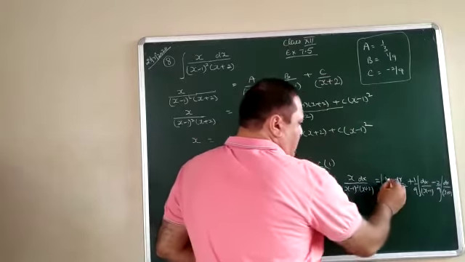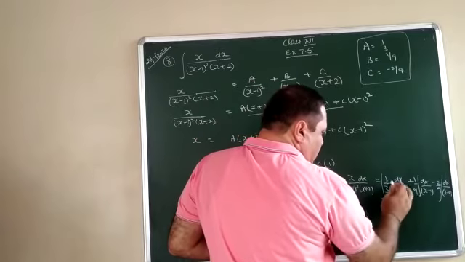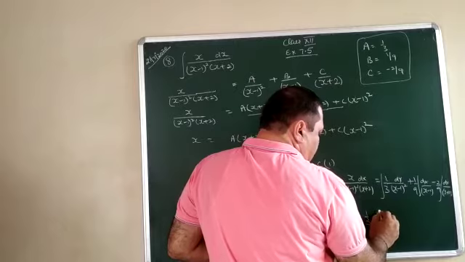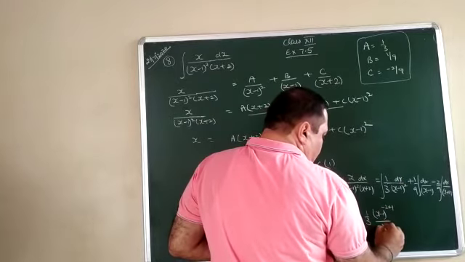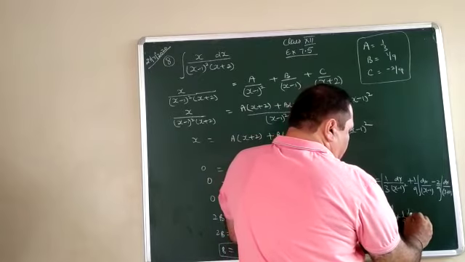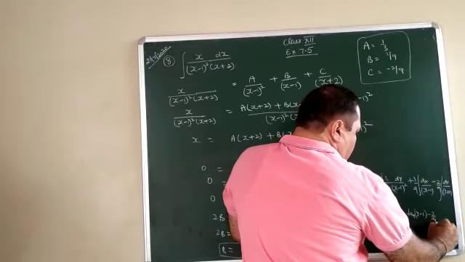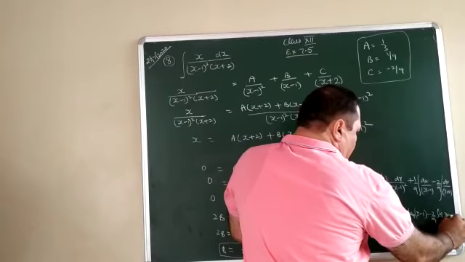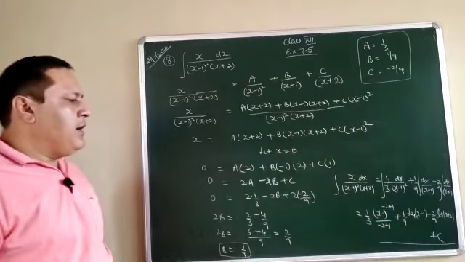Now see, what is the integration? It is 1 by 3 times the integral of (x minus 1) to the power minus 2 plus 1 upon minus 2 plus 1, plus 1 by 9 log of (x minus 1), minus 2 by 9 log of (x plus 2), plus C, the constant of integration.